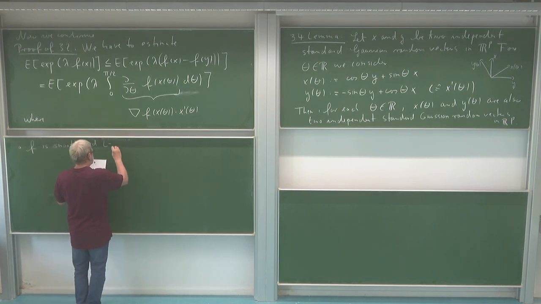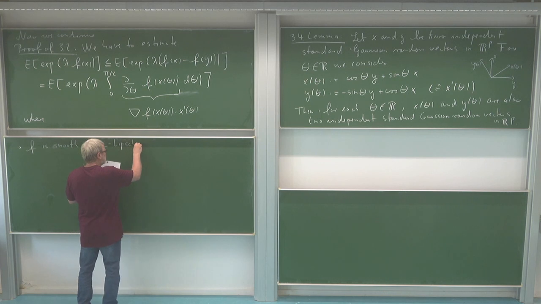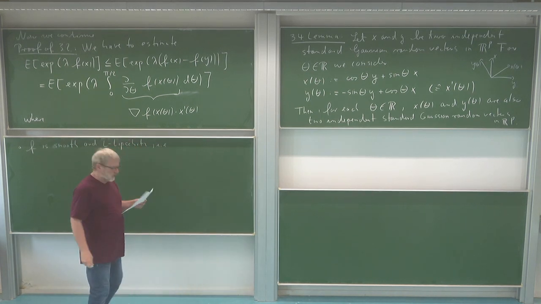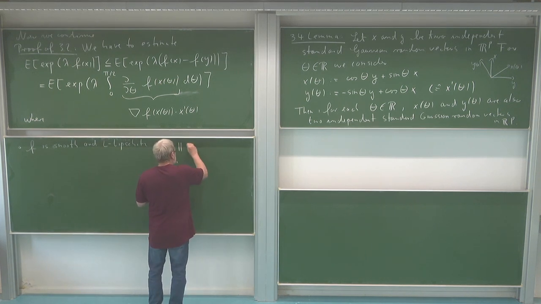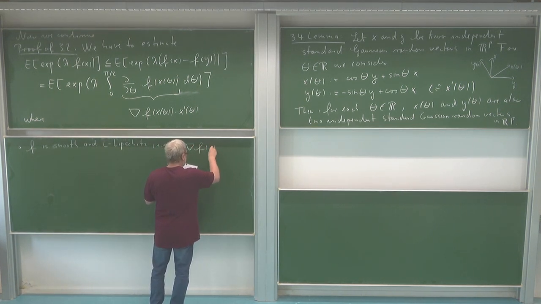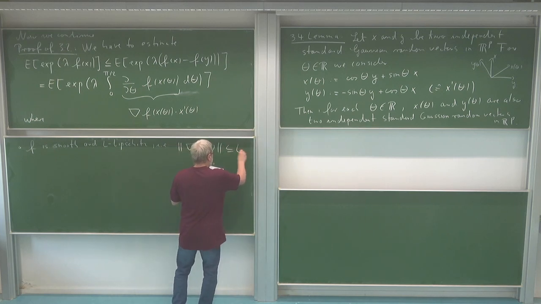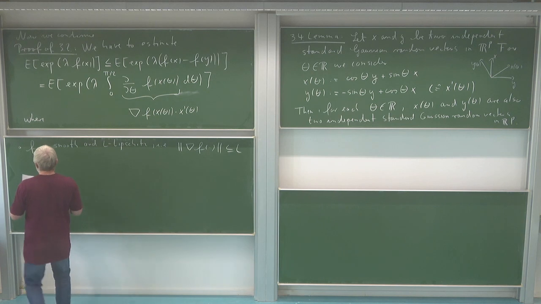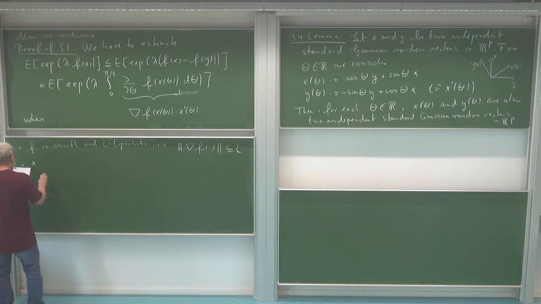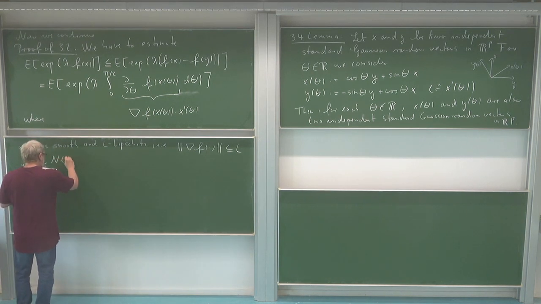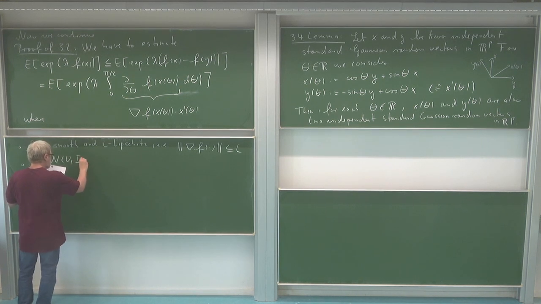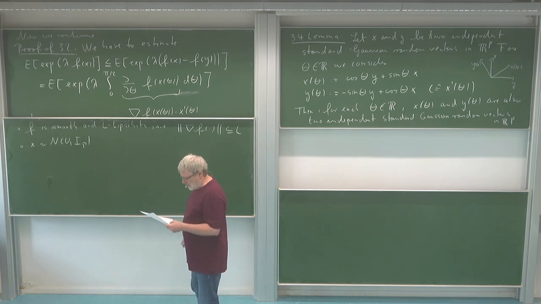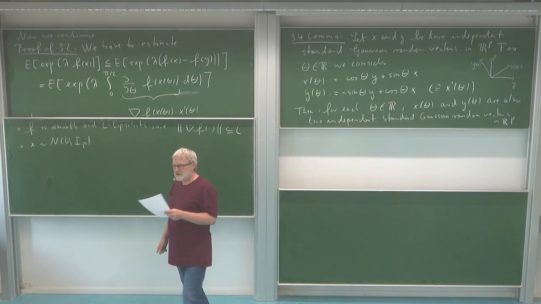And of course, our function is always Lipschitz with the constant L, but in the smooth case, this can be rephrased as saying that the gradient of f at any point is bounded by L, the length of this. Then our vector x is a standard Gaussian random vector, and y is an independent copy of this.